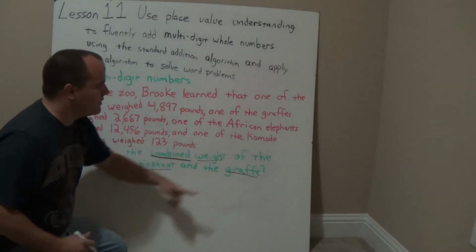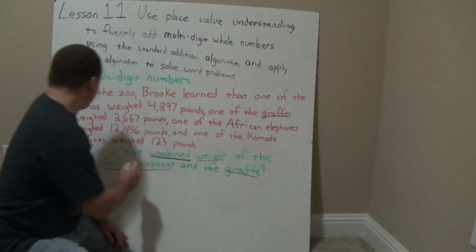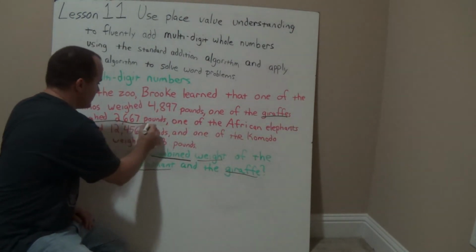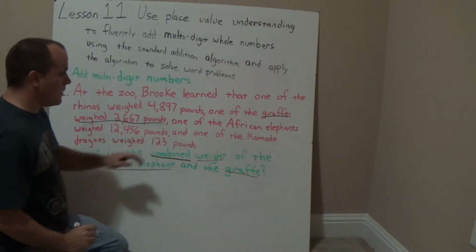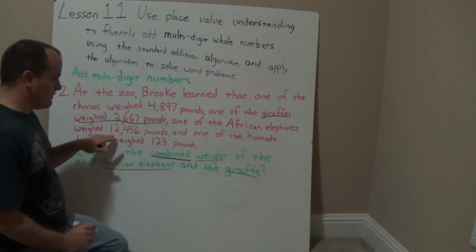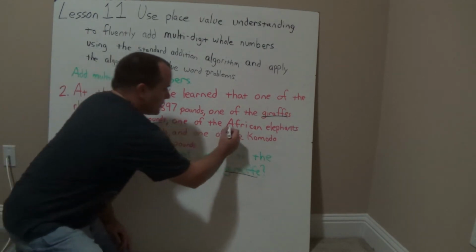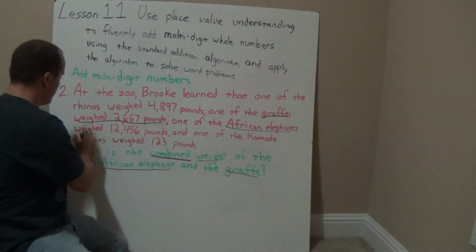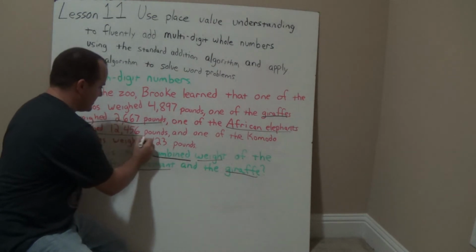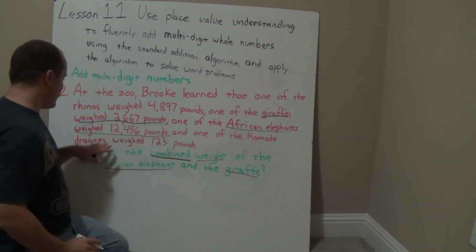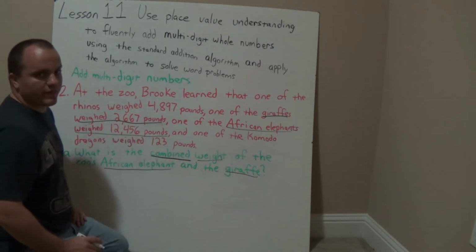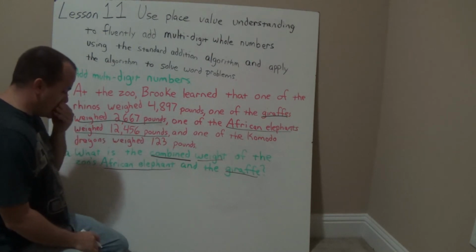I need the giraffe. So I'm underlining giraffe weighed 2,667 pounds. One of the African elephants weighed 12,456 pounds. Wait, I need that information. So African elephants weighed 12,456 pounds. And one of the Komodo dragons weighed 123 pounds. I don't need that information just yet.